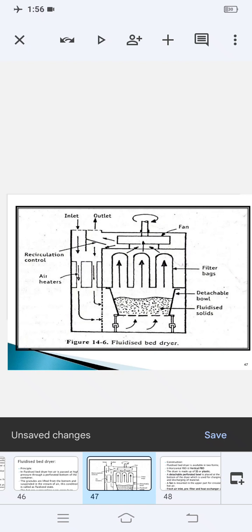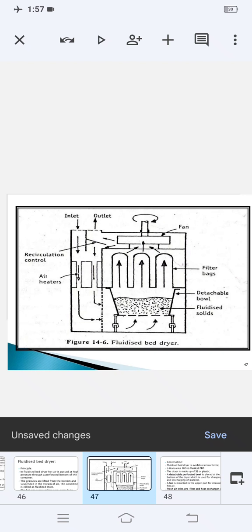After some time, a point is reached at which the frictional drag on the particles is equal to the force of gravity. So what will happen? The granules rise in the container because of the high velocity gas and later fall back in a random boiling motion. So this condition is known as the fluidized state.